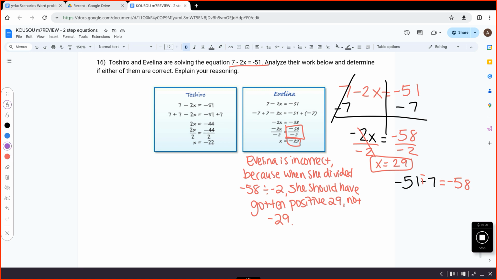So he messed up right off the jump because he added 7 to both sides, when really you were supposed to subtract 7.